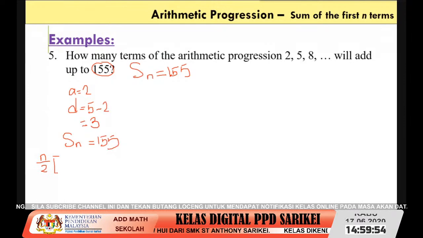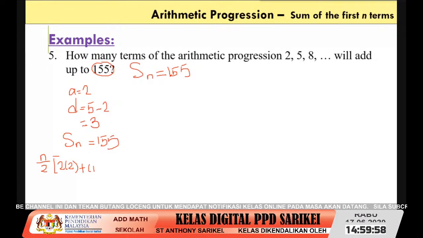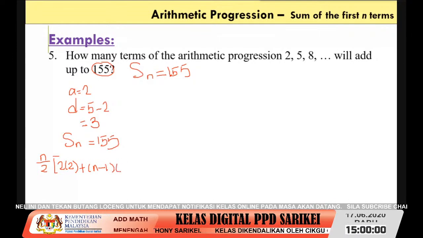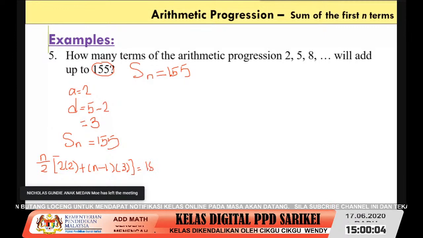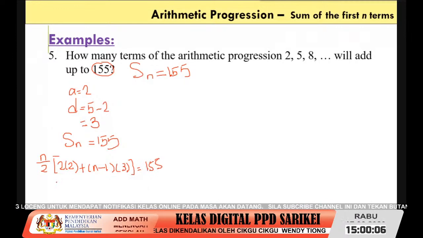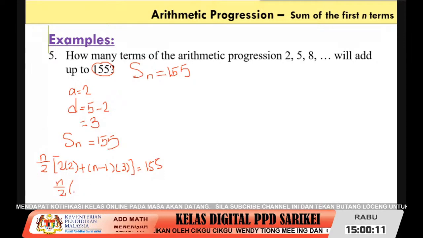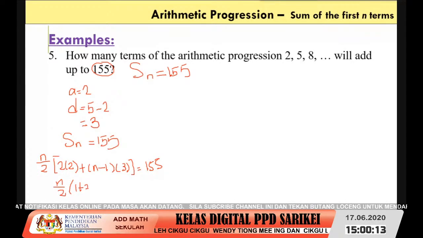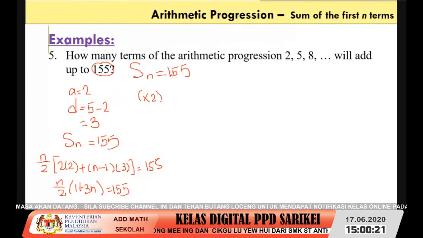Okay, next, n over 2 times 2a plus n minus 1 times d equal to 155. So this one I try to simplify. Okay, this one I will get n over 2 times 1 plus 3n equal to 155. Okay, tengok pecahan tak apa. Each term we multiply by 2.